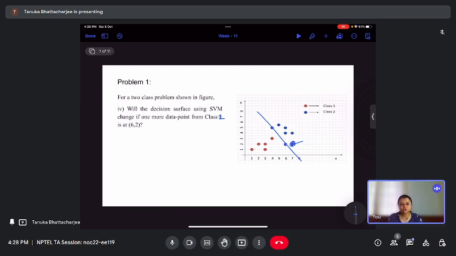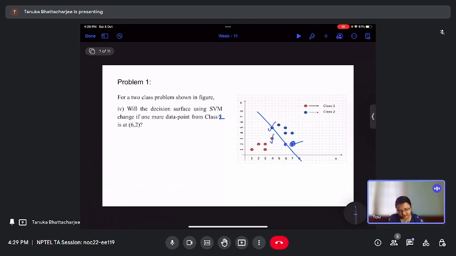So, now the equation of your boundary has changed, your support vectors have changed. Now, if you try to determine your decision surface, that will certainly be changed, because your decision surface depends on the support vectors. Initially you had to maximize the margin with the earlier support vectors.